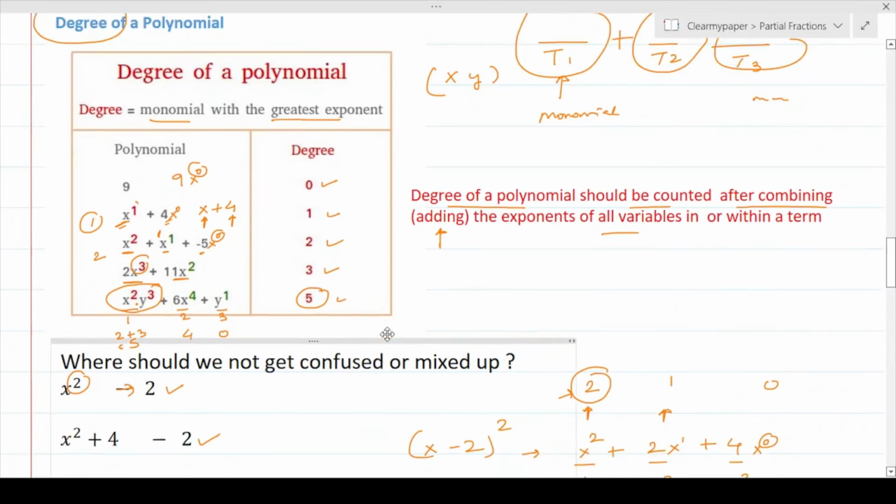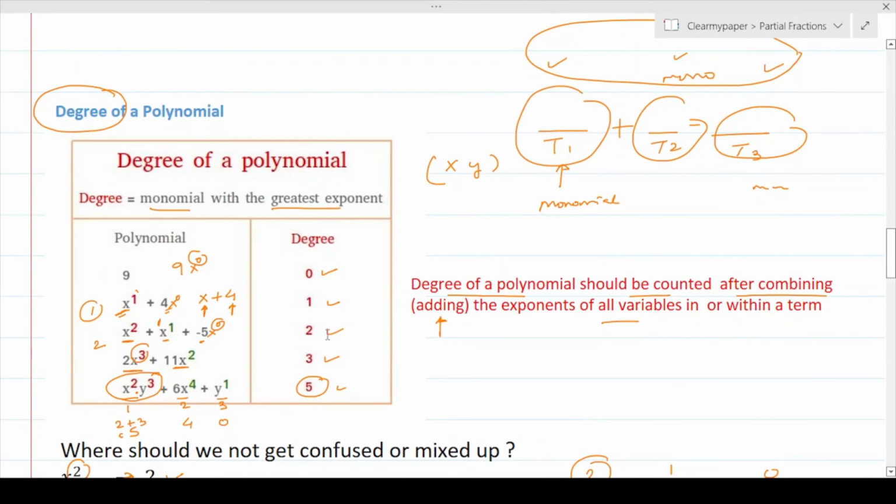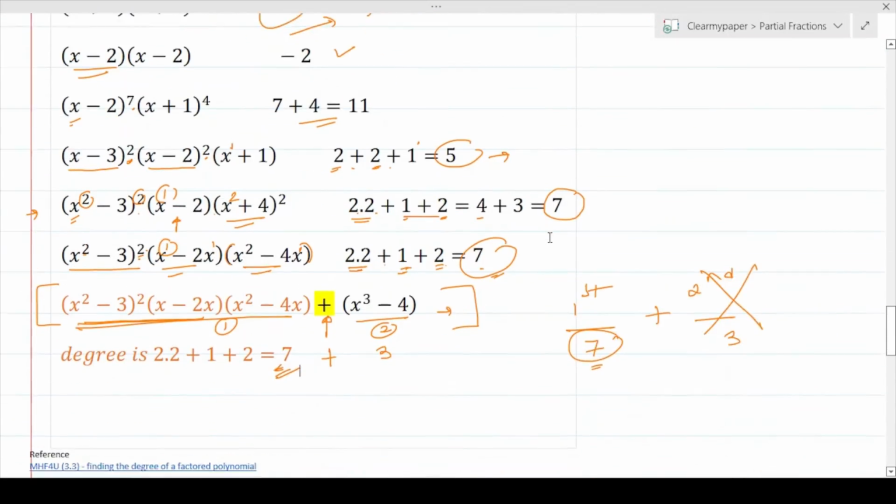So that's a quick refresher on the degree of the polynomial, a very important concept, and you will see that we'll be talking about this in the next few episodes, because based on the degree of the polynomial, the methods to solve partial fractions vary. So that's a very important concept there.